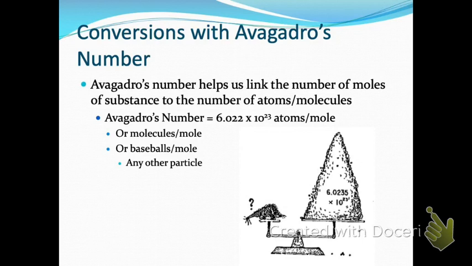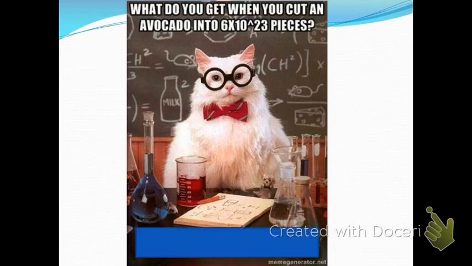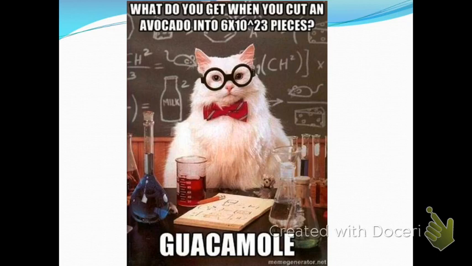Get it? That's a mole. Oh my gosh. Get it? 1 mole equals this many things? Ha. Okay, whatever. Thanks for ruining it. What do you get when you cut an avocado into 6 times 10 to the 23rd pieces? Guacamole.